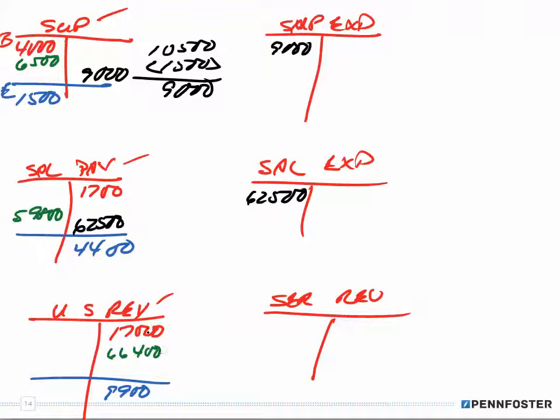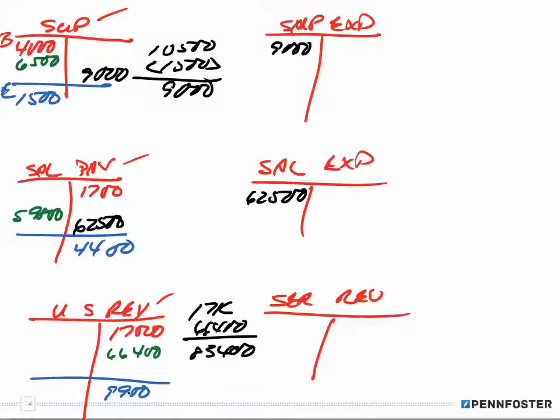Now, for the service revenue, that's simply 17,000 plus 66,400 since they're both credits, which gives me 83,400, sorry.